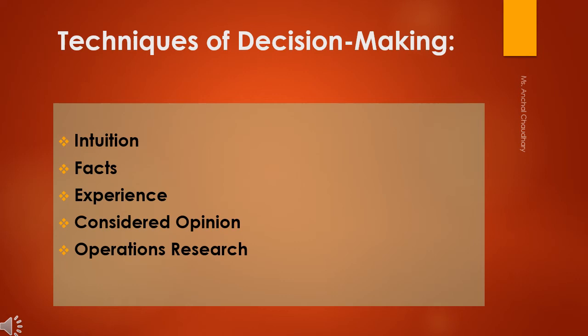Next is considered opinion. In that, you take out the situation, the problem, and you discuss it with a group of people available to you in your management, or you can say you can discuss it with your top level managers. When a particular problem has been considered by a large number of persons, it may appear as a logical and sound basis for making the decision, because everyone has a different point of view.